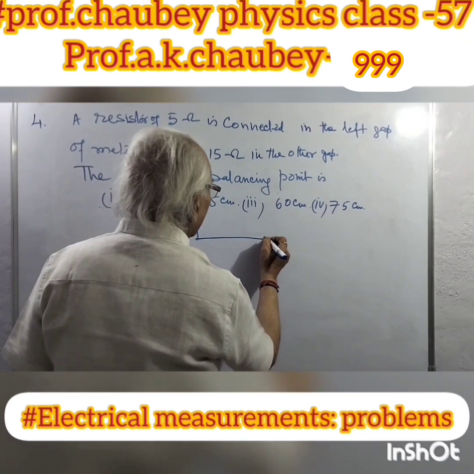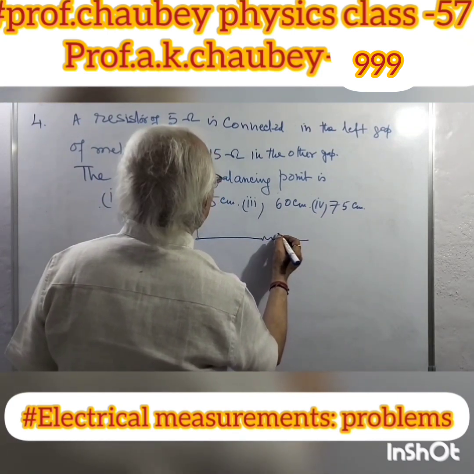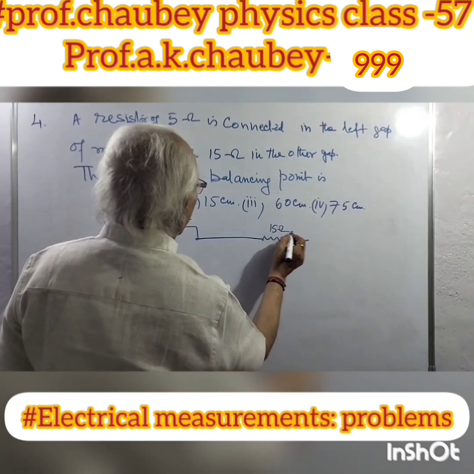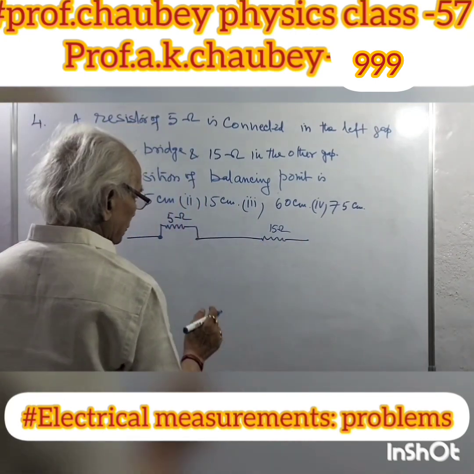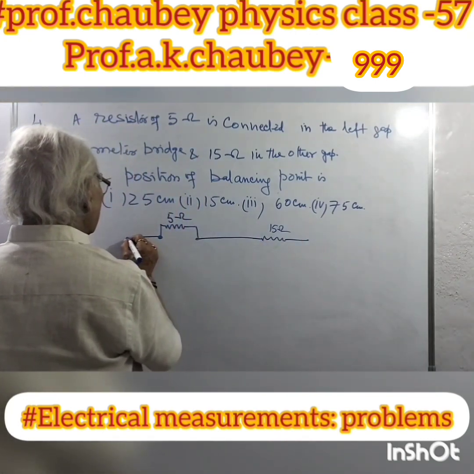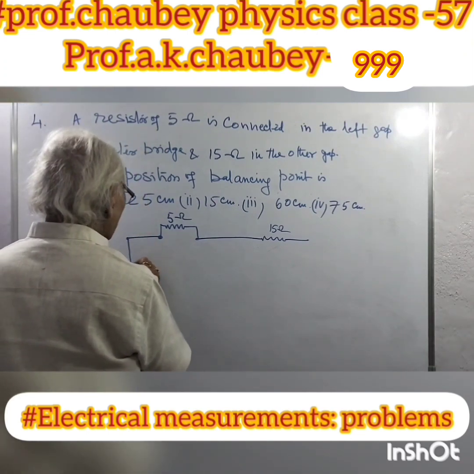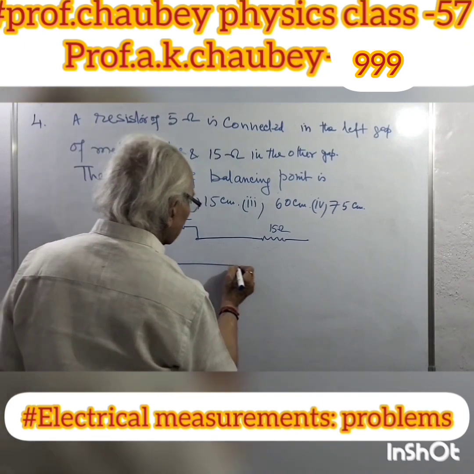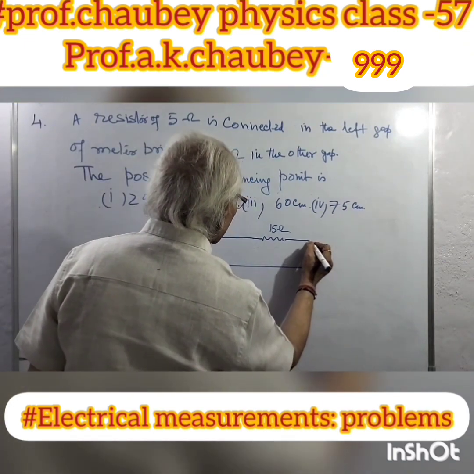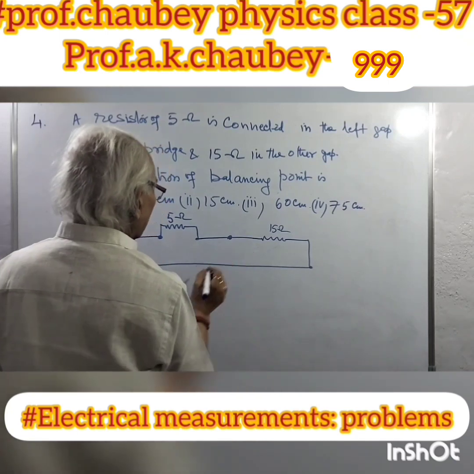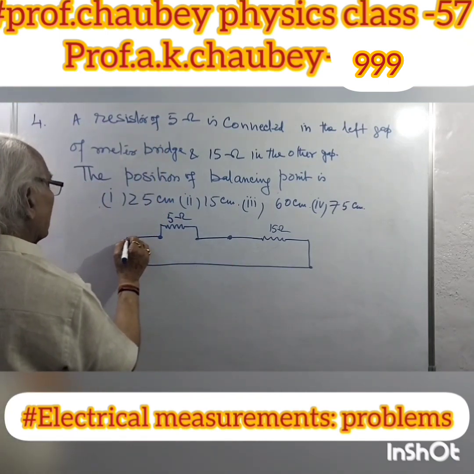Then we have another gap, where we connect a resistor of say 15 ohm. And this is the meter bridge wire, and this is the main circuit.